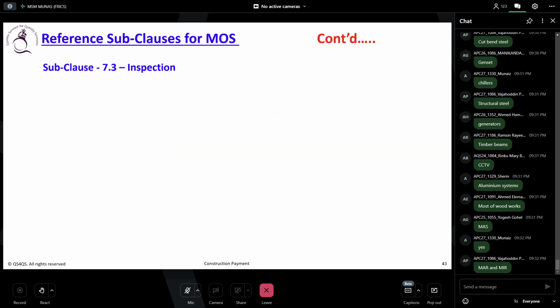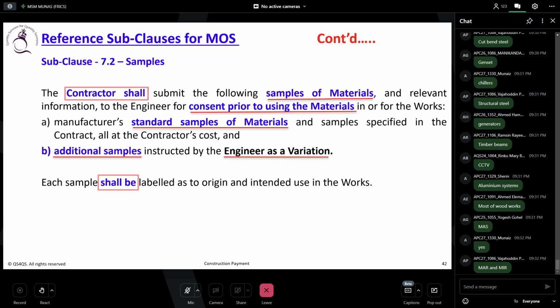Now all of you go to sub-clause 7.3. Before I move on, I have to give you one note here. Let's say the engineer instructed the additional sample but did not confirm it as a variation. What do you do now?